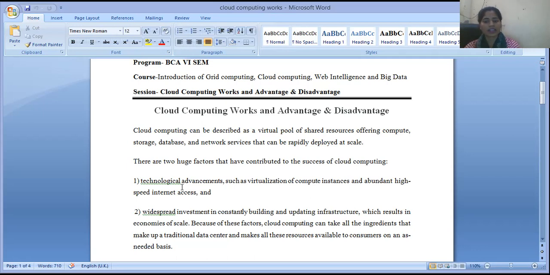Because of these factors, cloud computing can take all the ingredients that make up a traditional data center and make these resources available to consumers on an as needed basis.